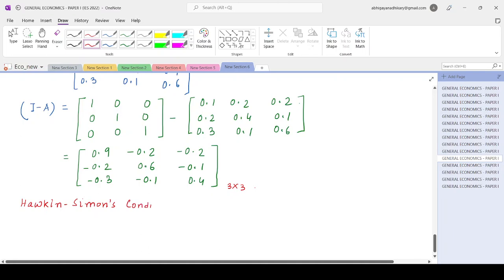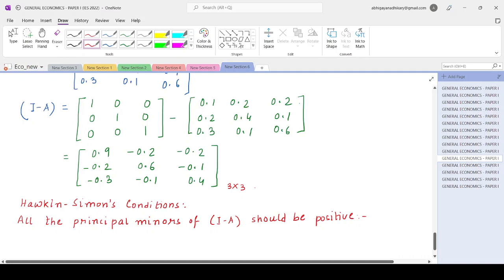It states that all the principal minors of this I minus A matrix should be positive. Let me just write that down: all the principal minors of I minus A should be positive. And that will ensure that the Hawkins-Simon condition is satisfied.